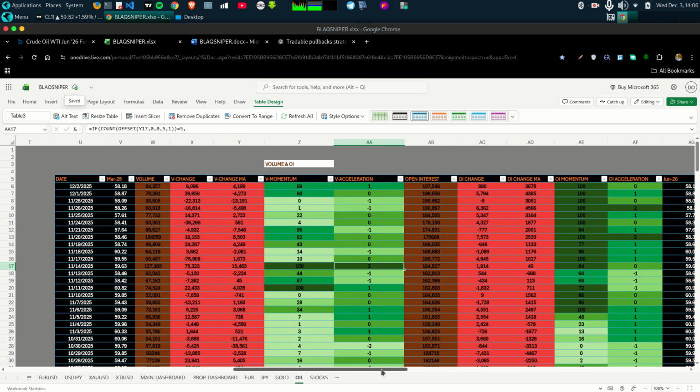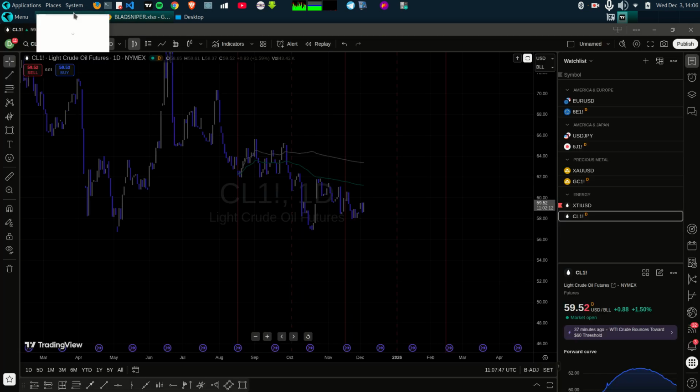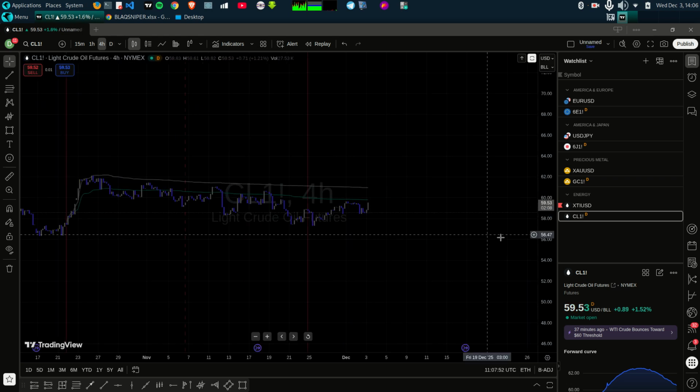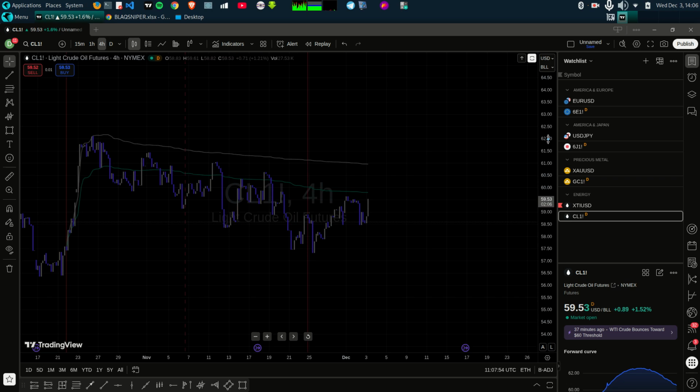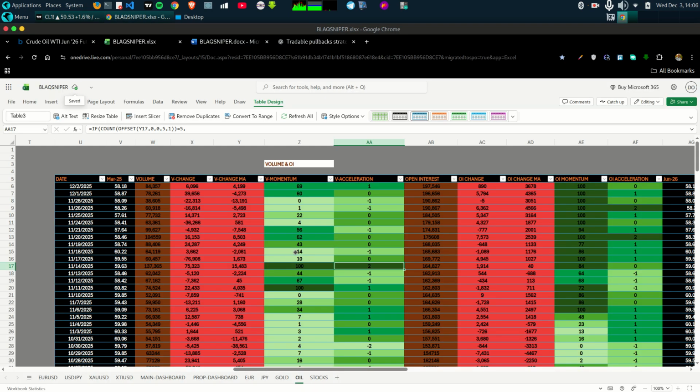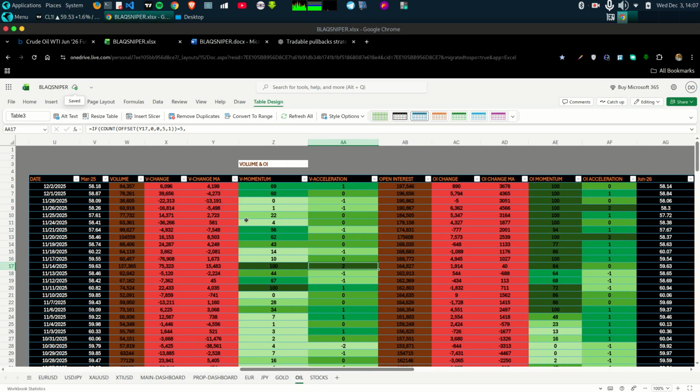Oil had a pullback from the pullback. Let's watch the pullback on oil. We've seen a pullback from this point, where we saw volume drying up, open interest increasing, and again volume coming back.